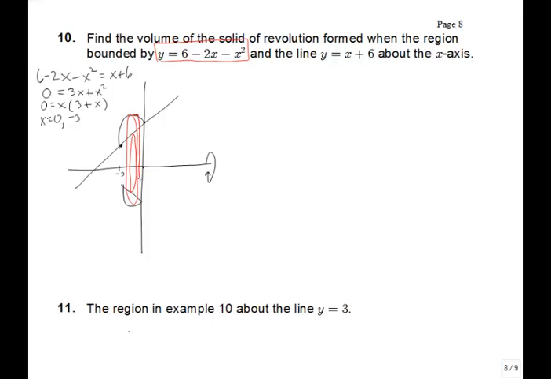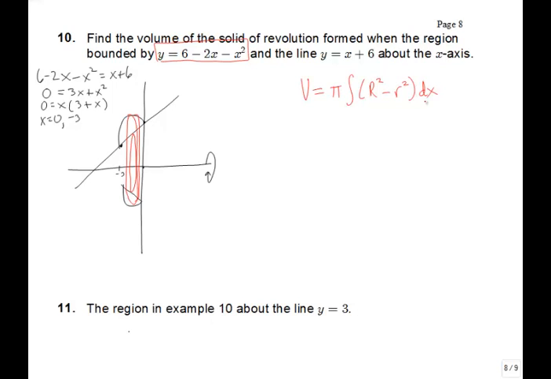And the thickness of this washer is along the x-axis. So right away, I know that my volume formula here is going to be V equals pi times the integral of the big radius squared minus the little radius squared. And again, my thickness was along that x-axis, so this is going to be a dx integral.